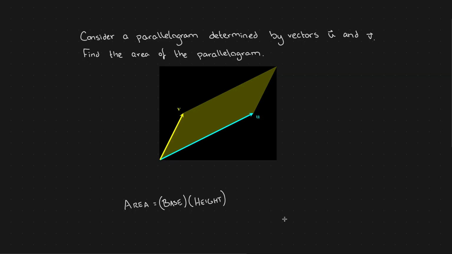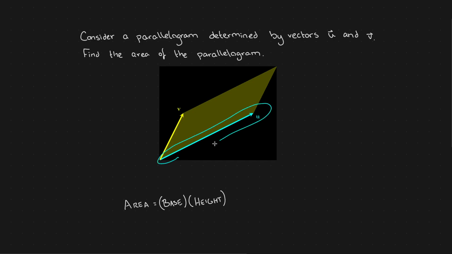Okay? Now, we could choose either side for the base. I could choose the side of vector v, or the side with vector u. I'm going to choose the side with vector u.